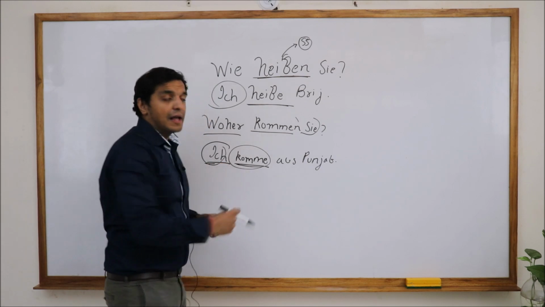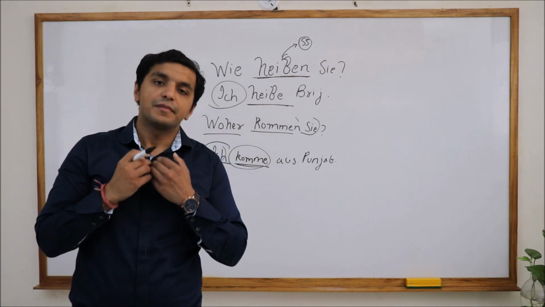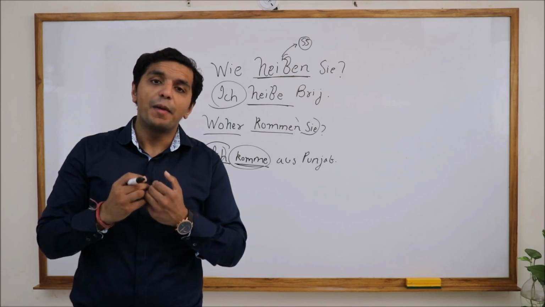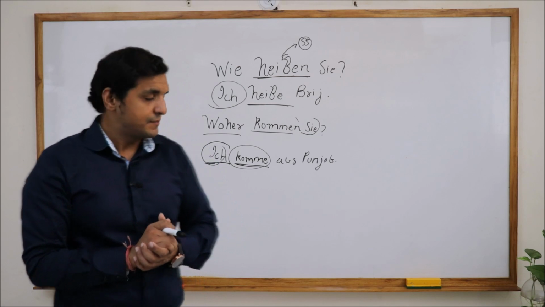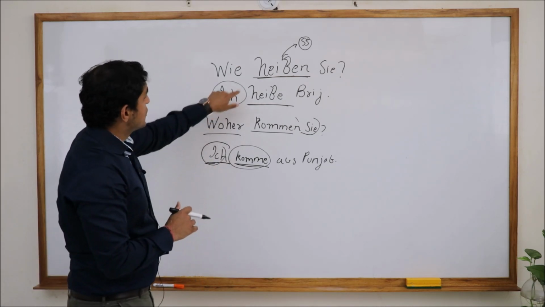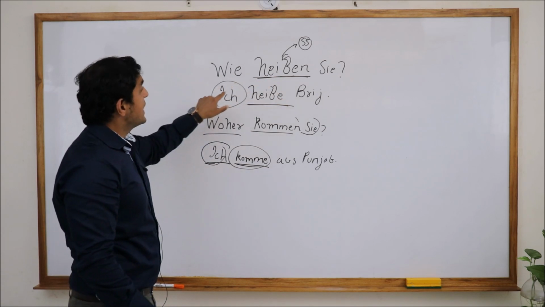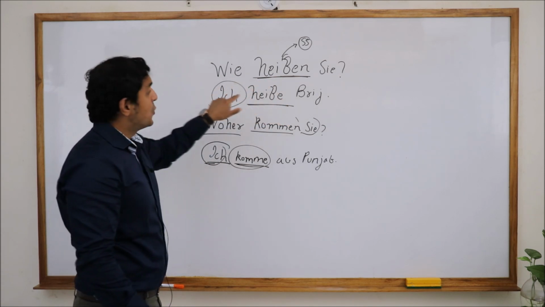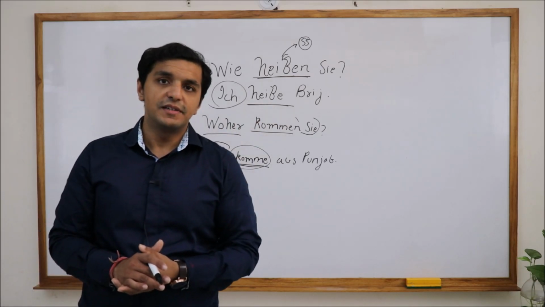In the answer I am using ich, the first person form, where I am saying ich komme aus Punjab, hence no N. This is also similar to what we did before. Wie heißen Sie became ich heiße Bridge. With ich I drop the N. This is how verbs are conjugated in German.